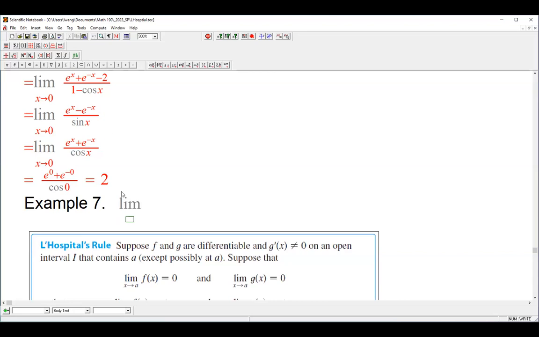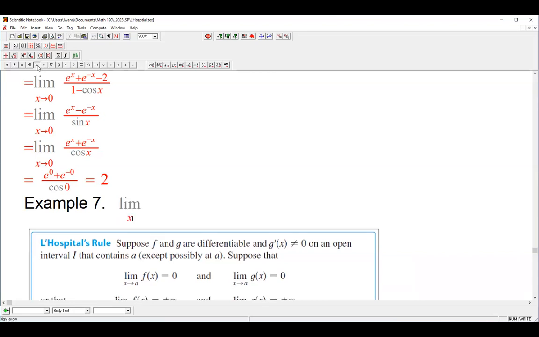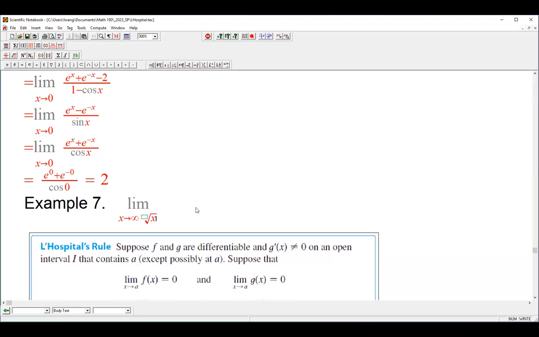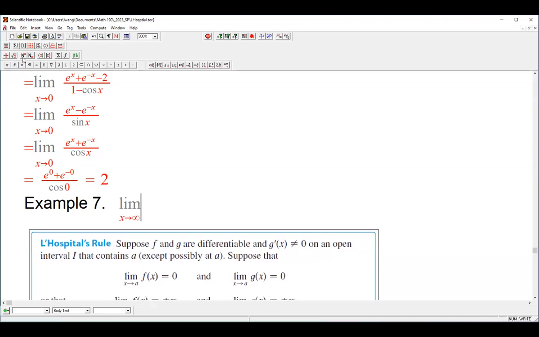Limit as x approaching infinity. And we have a square root of x. Oops, sorry. We have a square root of x multiplied by e raised to the power of negative x over 2.